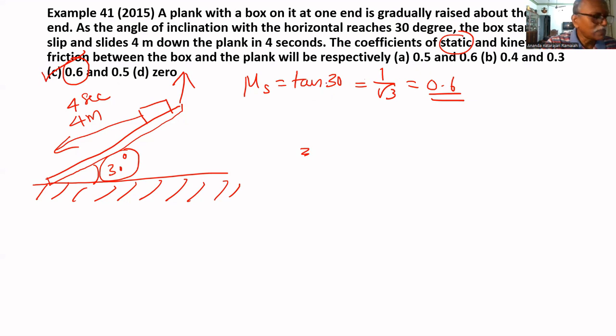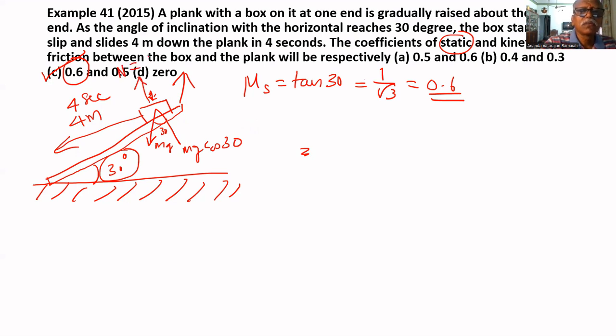How did this tan 30 come? When it tends to move, it is not moving. When it tends to move, we have to find the static friction. Net force on the box, downward is mg. If you resolve this angle also 30. mg cos 30. Upward what? Normal.